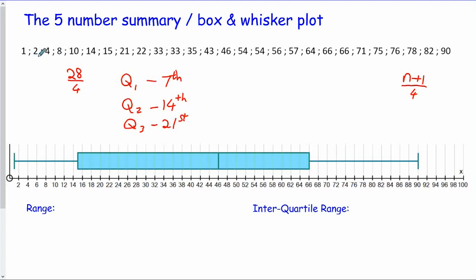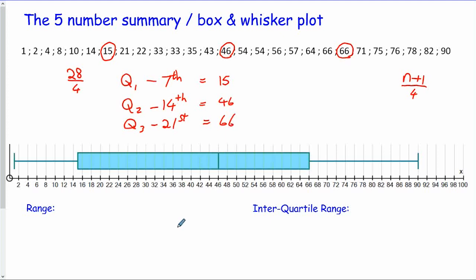So 1, 2, 3, 4, 5, 6, 7. 15 will be our first quartile. 8, 9, 10, 11, 12, 13, 14. 46 will be our second quartile, or our median. 15, 16, 17, 18, 19, 20, 21. 66 will be our third quartile.